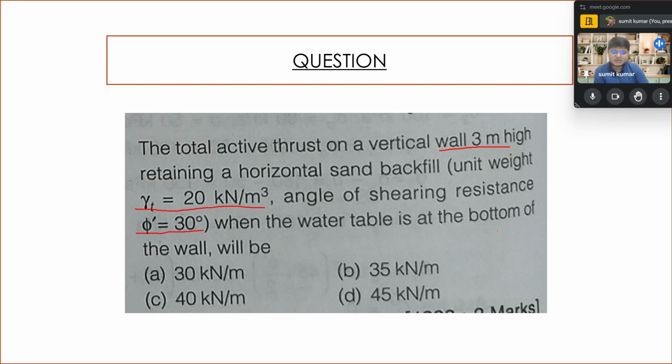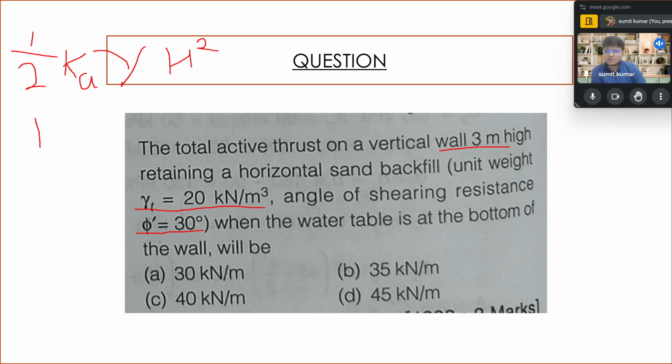The water table is at the bottom of the wall. The total active thrust is 1 by 2 into K into gamma h square. By this manner you are able to find the answer.